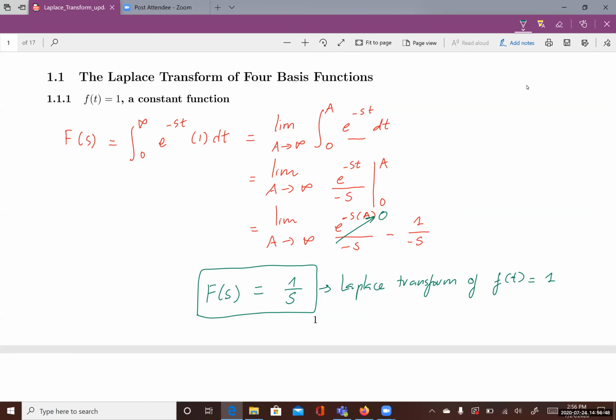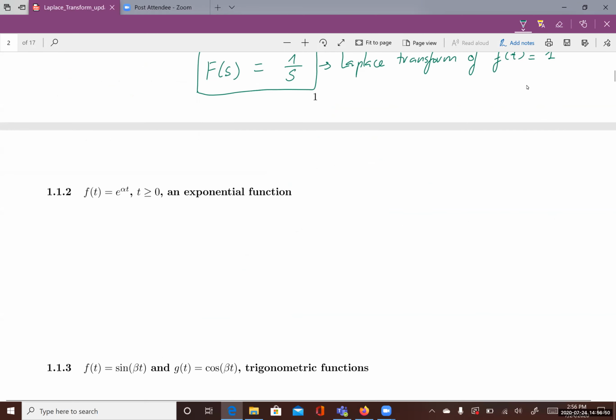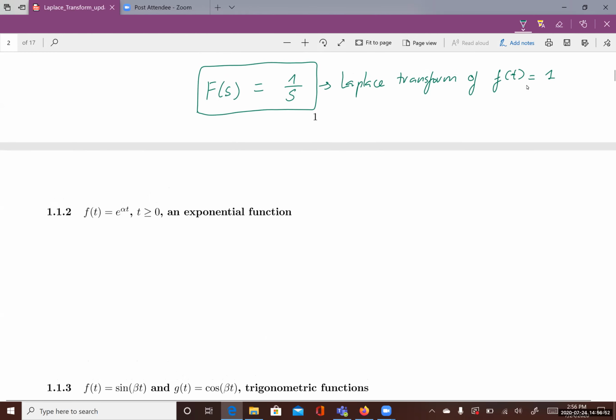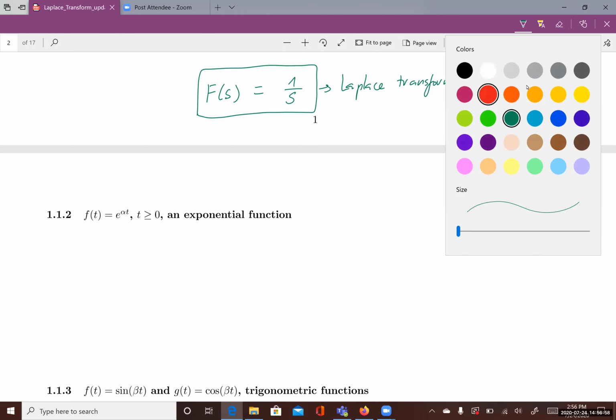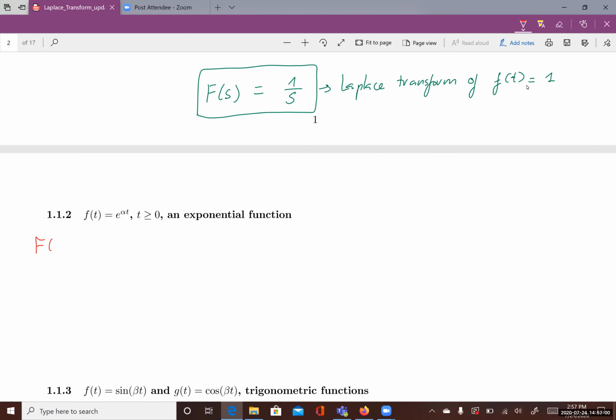All right, now let's go to the next function. We want to find the Laplace transform of an exponential function e to the alpha t. And again, we just want to use the definition. F of s equals the integral from 0 to infinity of e to the negative st times e to the alpha t dt, right?